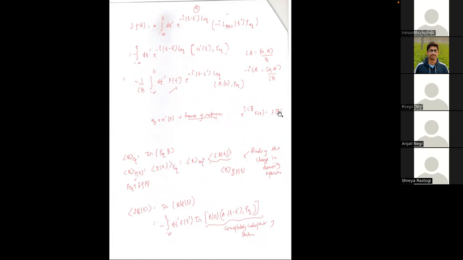Rotating frame means you absorb that exponential e^{iLt}. So instead of calculating only this observable, instead of calculating this also, we are calculating only the change which is happening due to the change in the density operator, not due to the rho equilibrium.